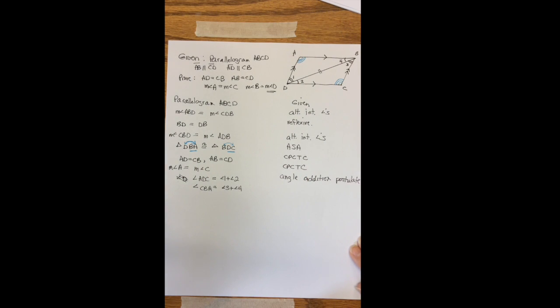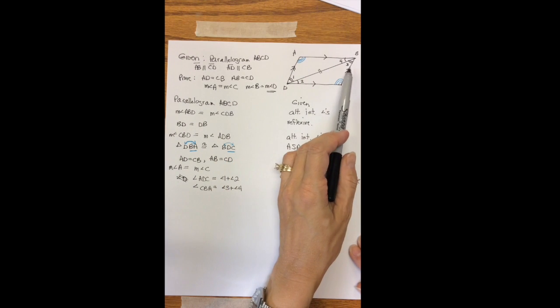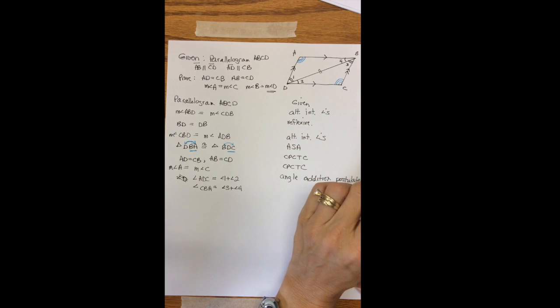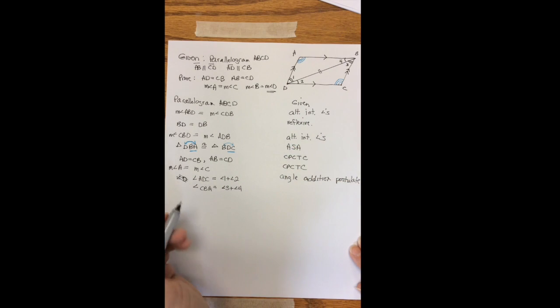Cool. Okay, so if we know that angle 1 is congruent to 3 and angle 4 is congruent to angle 2, we can do a little bit of conniving here at the end to get that everything is equal to each other. So let's do some addition.